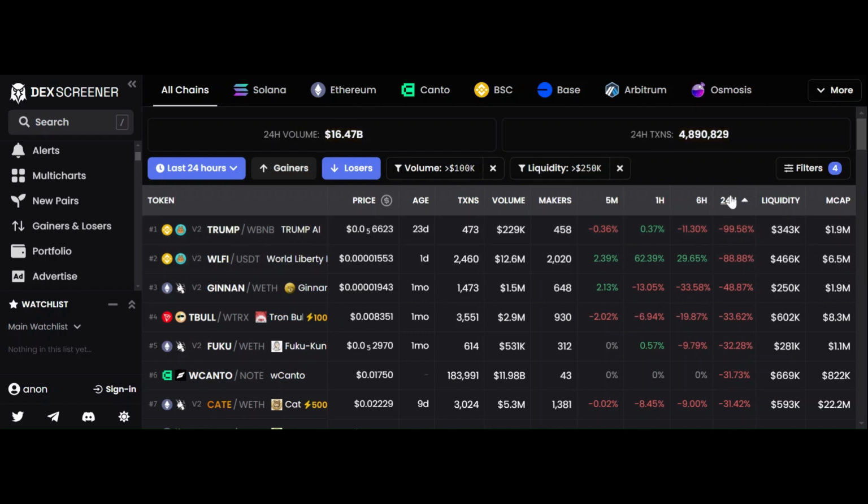If you look on this side, the 24-hour difference, you would notice that this token at the top is doing much, much worse than the tokens as you scroll lower down, and it just means this is the worst performer for the day.